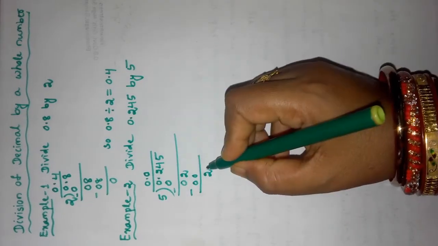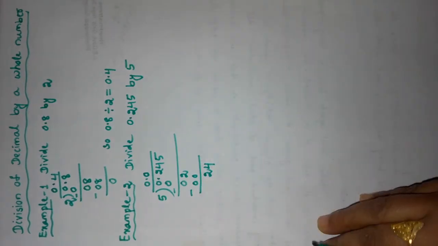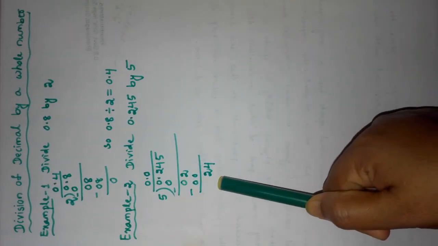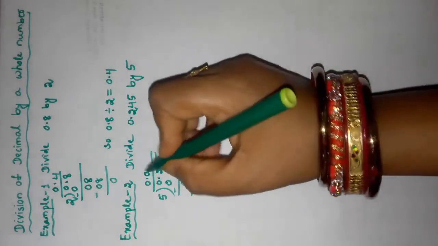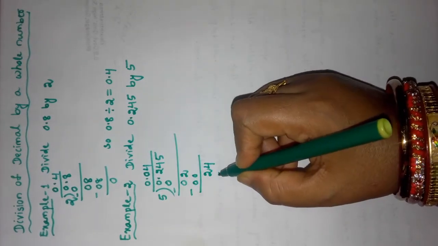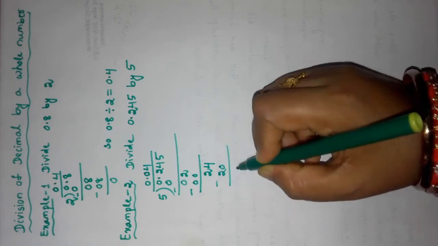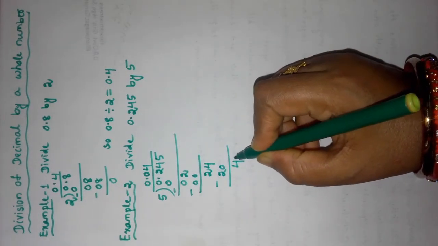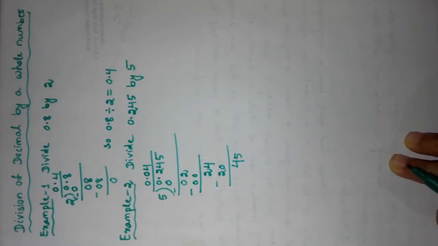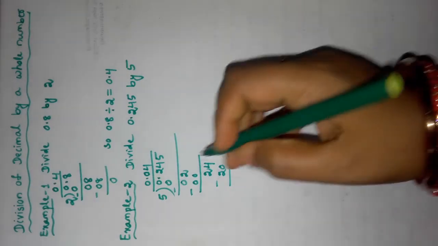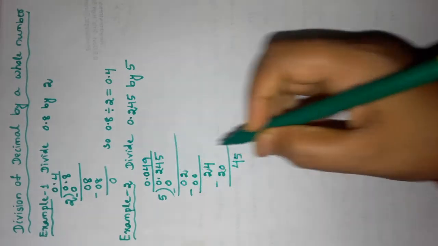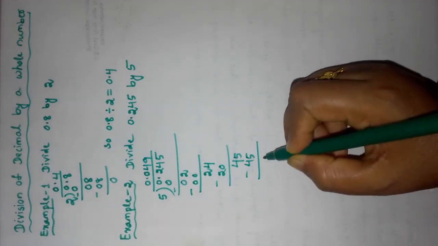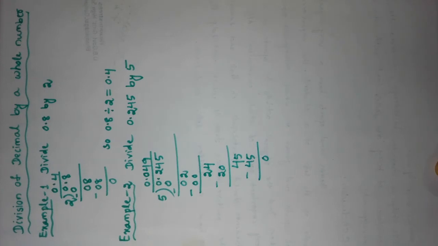Then bring down 4. See how many times 5 goes in 24. 5 4s are 20. Then subtract, remainder is 4. Then bring down 5. 5 9s are 45. Then subtract. The remainder is 0.